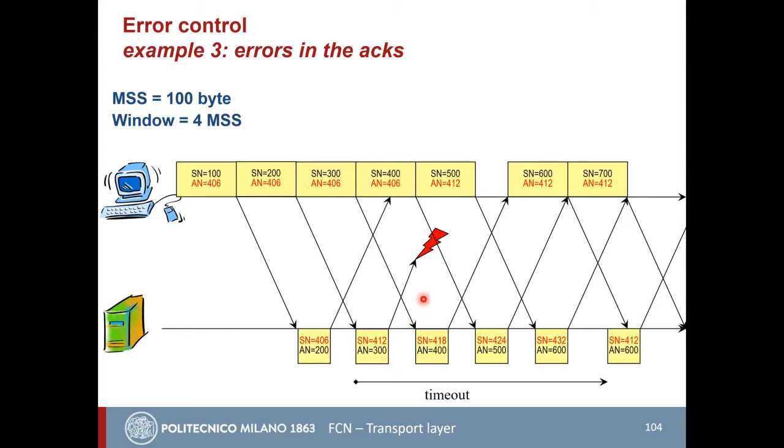So this acknowledgement got lost, but since all the other packets have been stored correctly, there is no consequence on the transmission. The only consequence is a momentary halt in the activity of the transmitter.